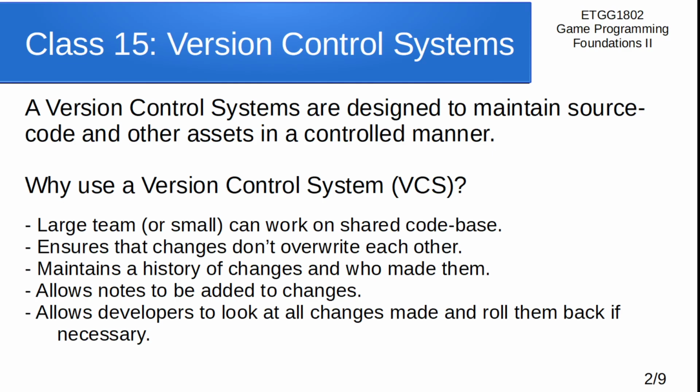It can be a really useful tool for maintaining that code. And even if you're not on a team, if it's just you by yourself, a version control system can be useful for all those same reasons. You can see what changes you made and when, what the previous version looked like, and where the lines are that are different between these. So it can be a really powerful tool for project development.